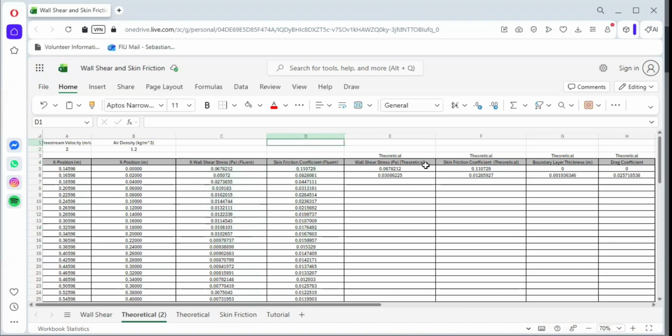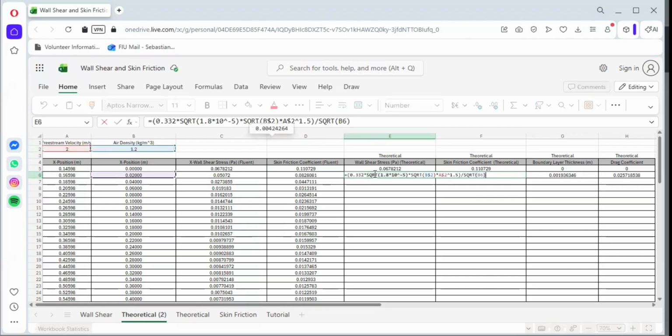What we're going to do is calculate it theoretically using the Blasius equations, and we're going to see the differences. So to start off with the wall shear stress, I've already written down the equations to make it quicker, so I'm not writing it down on the spot.